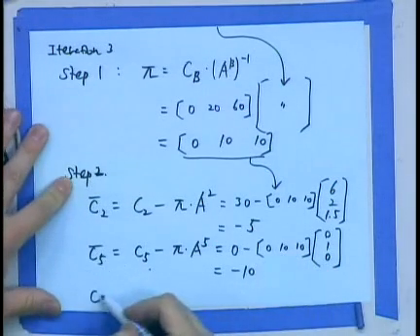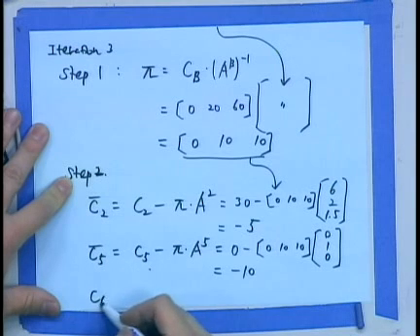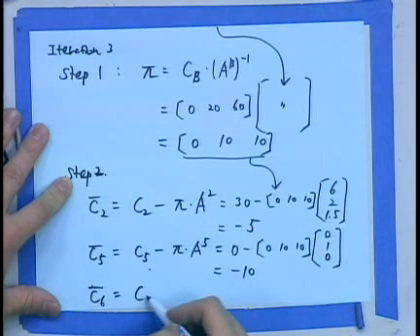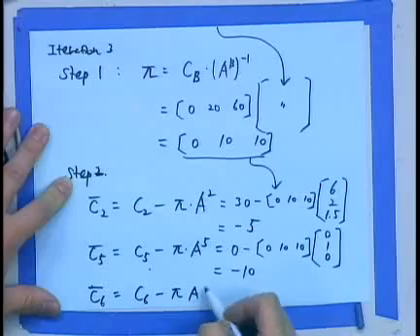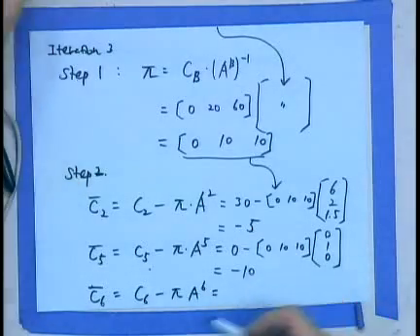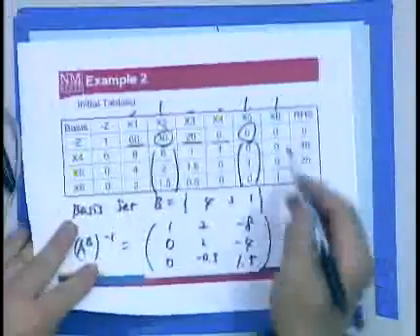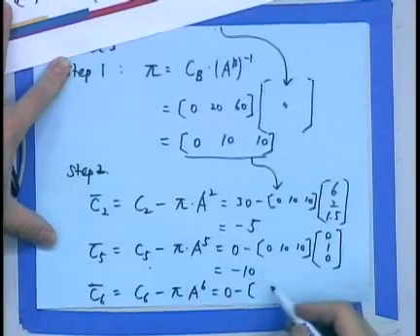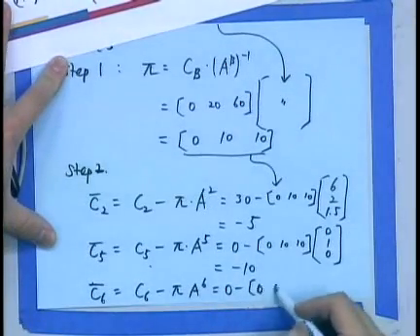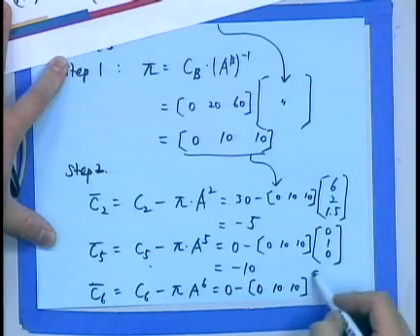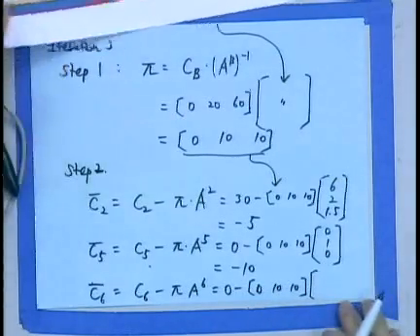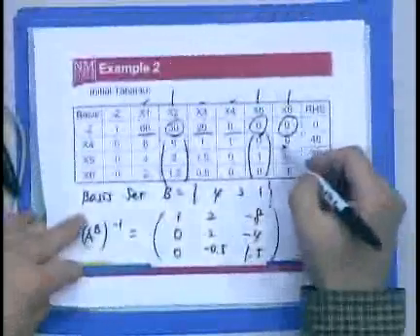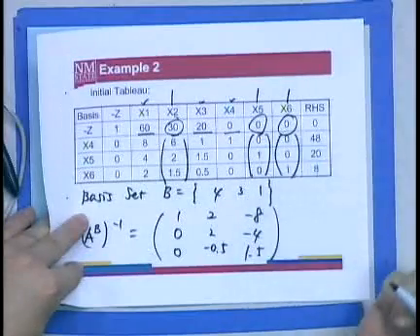And lastly, the relative profit for x6 variable is, C6 is again 0, minus simplex multiplier vector times constraint coefficient for the x6 variable, which is 0, 0, 1.